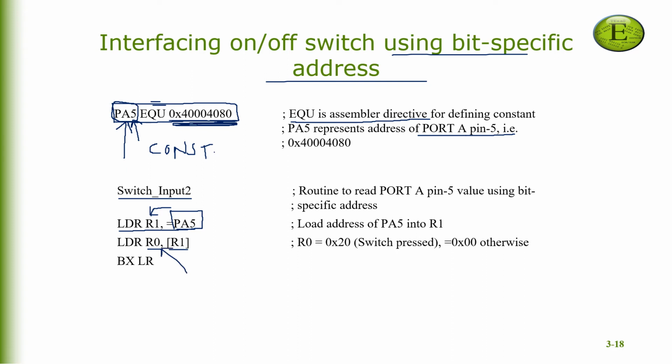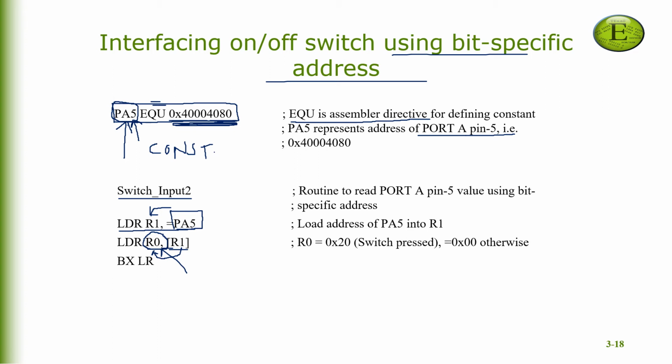Now note that port A pin 5 is just one pin. It's a single pin. So when we load the data into the register, then the pin number 5 data is going to go into bit 5 of R0. So bit 5 of R0 contains pin number 5 data, and all other bits of the register are set equal to 0.